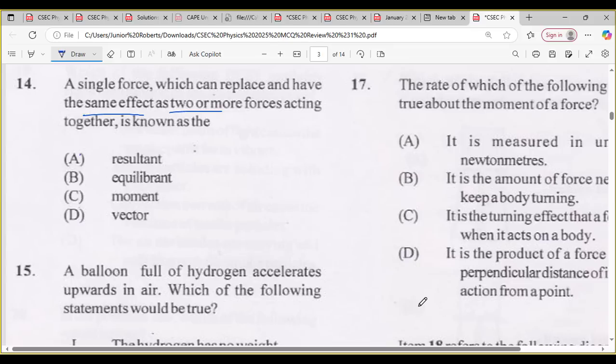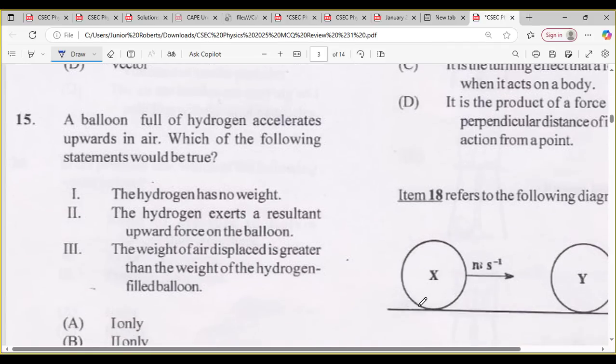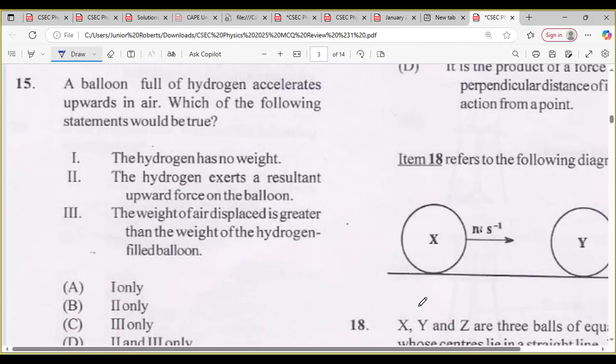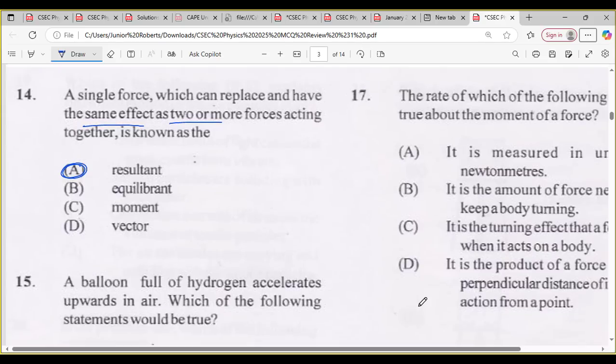So number 14, we're going to go with A, which is the resultant.